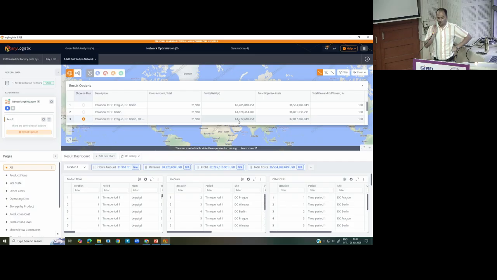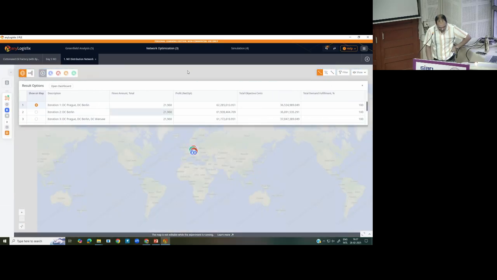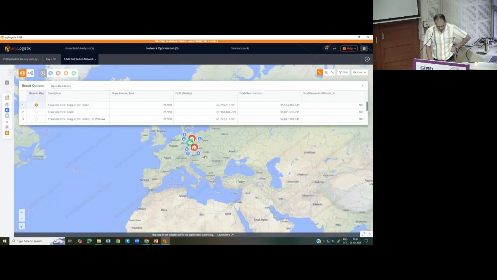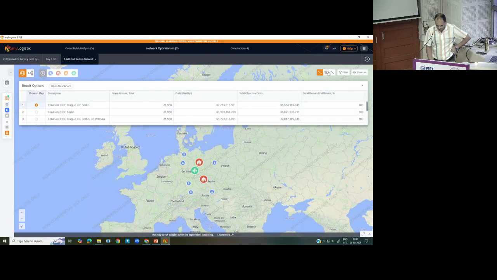If your focus is only on profit, you would go with this one, and then it will show you the connections as well. Let me see if I can show you the connection. Okay, where is that option? Show. Okay, you can see. So this is the optimized solution. Profit is, when considering the existing 2 DCs, 62 million.